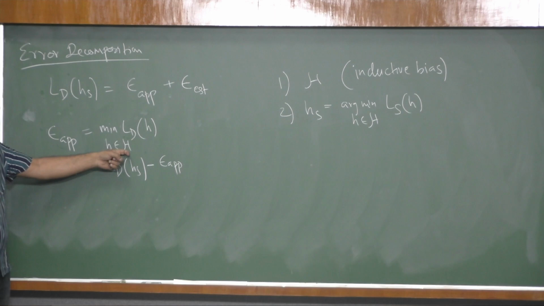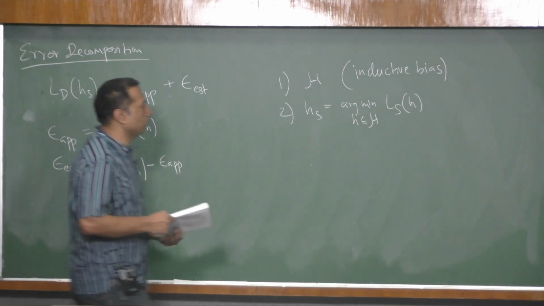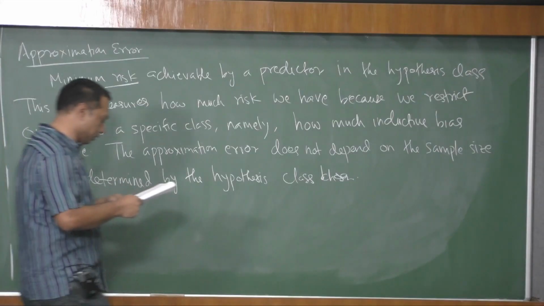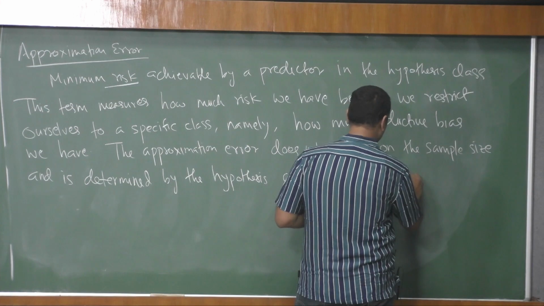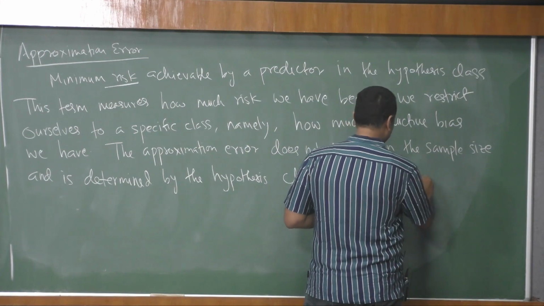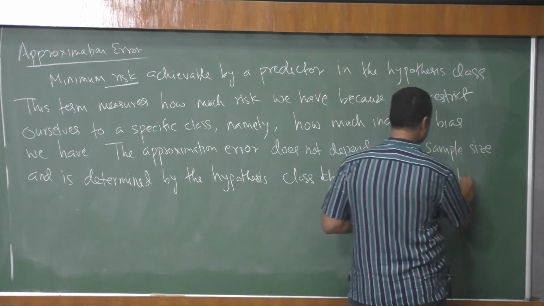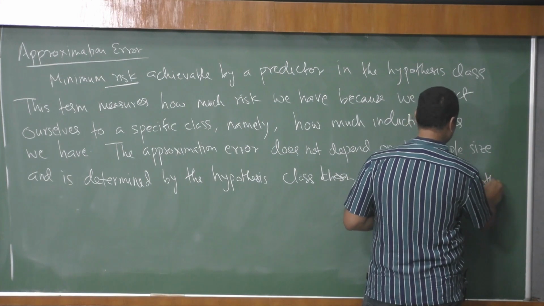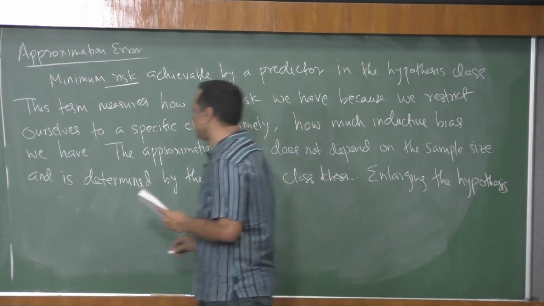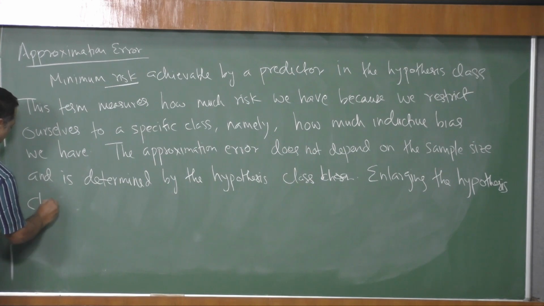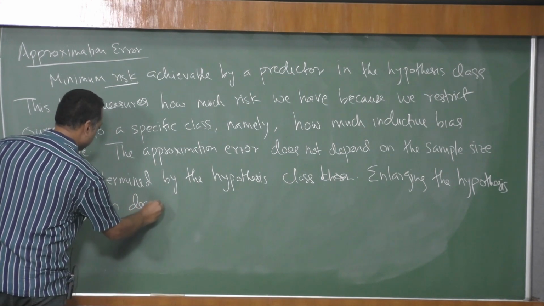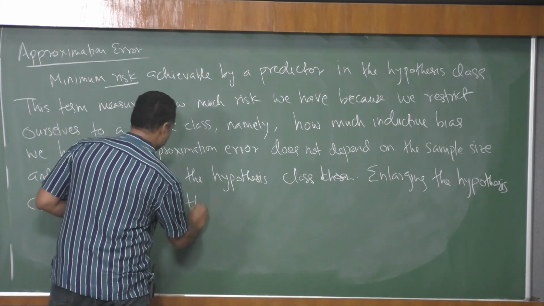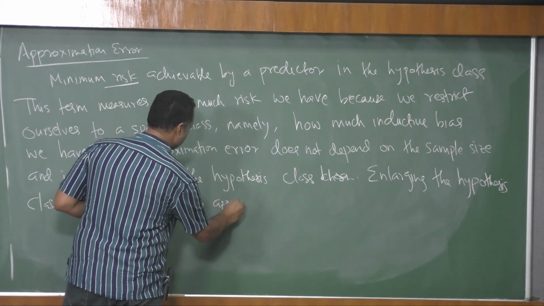So enlarging the hypothesis class H can decrease the approximation error.